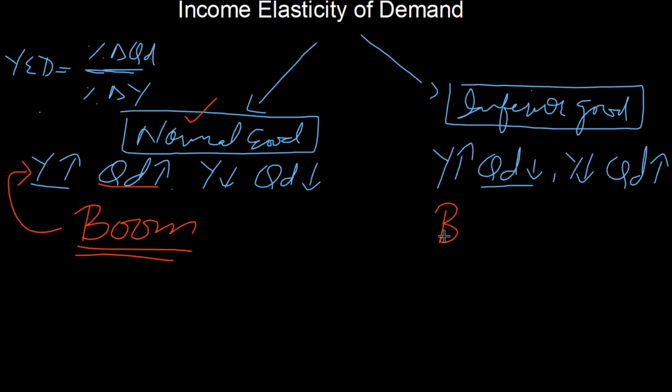And what should they do regarding inferior goods in the period of economic boom? Again, in an economic boom the income of consumers is increasing, so they will purchase a lesser quantity of inferior goods.